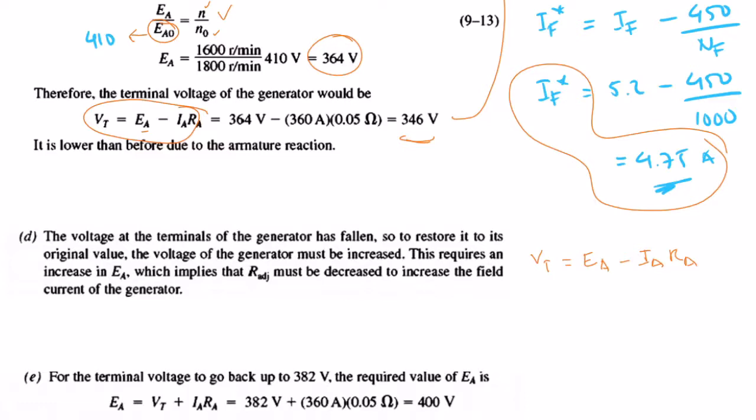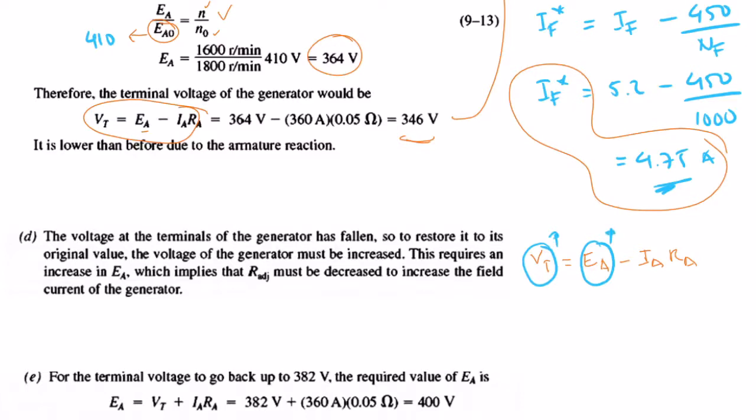So one way of increasing VT is to increase EA. There's another way, but this is one of the ways. So to increase VT, we need to increase EA. And how do you increase EA?